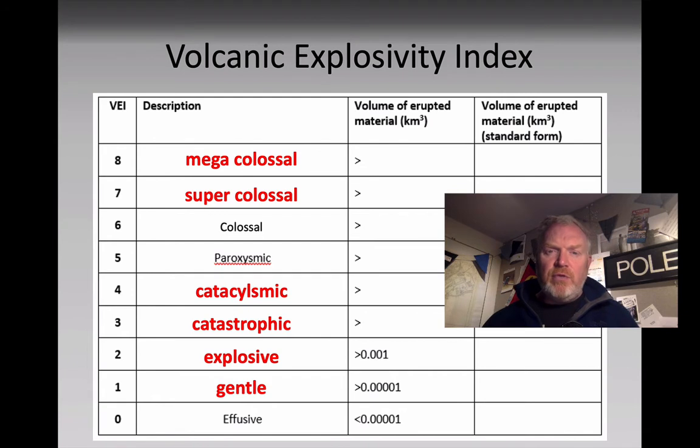Can you fill in the rest of that column? Remember, multiplying by 10 every time. Use a calculator if that helps. Once you've done that, can you then convert those values into standard form, into powers of 10?